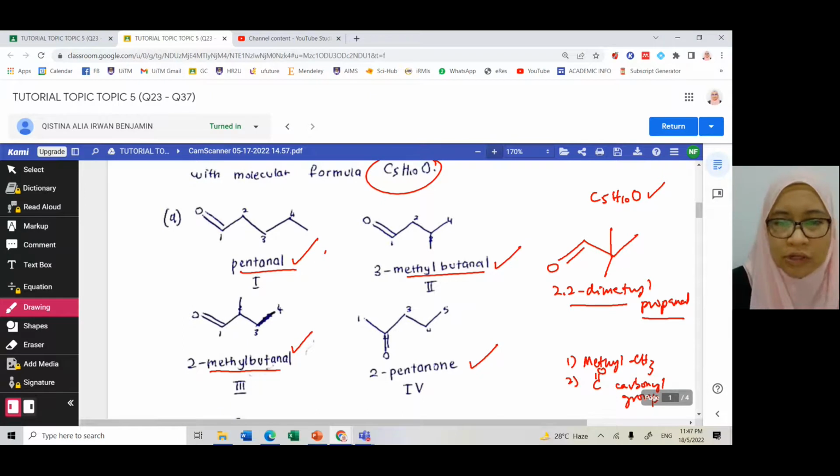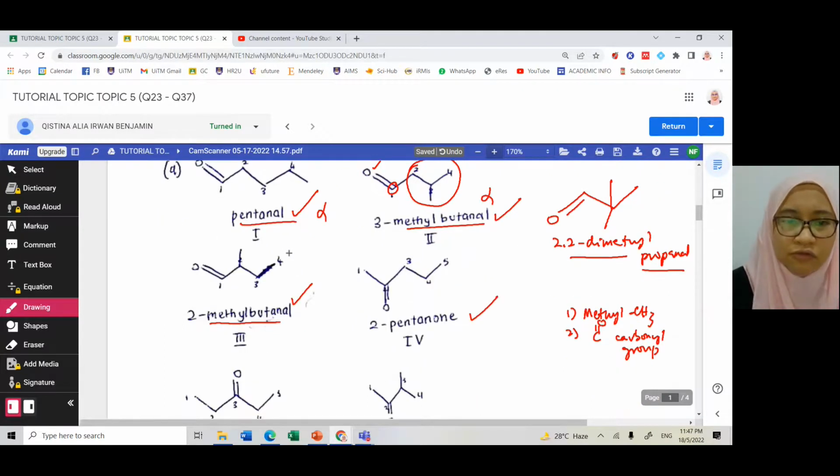Pentanal will not give a positive result to iodoform. How about 3-methyl-butanal? We do have the double bond O, but if we focus on this carbon, it is not attached to a methyl group. So 3-methyl-butanal will also give a negative result to iodoform.